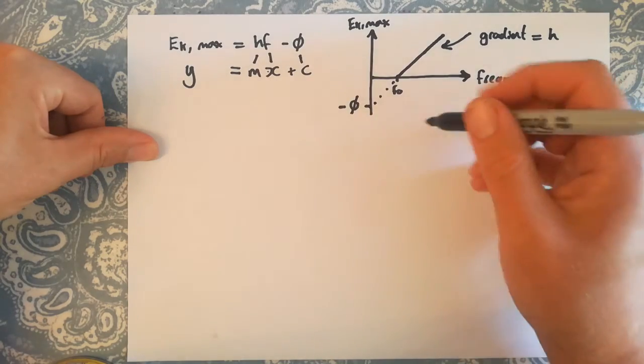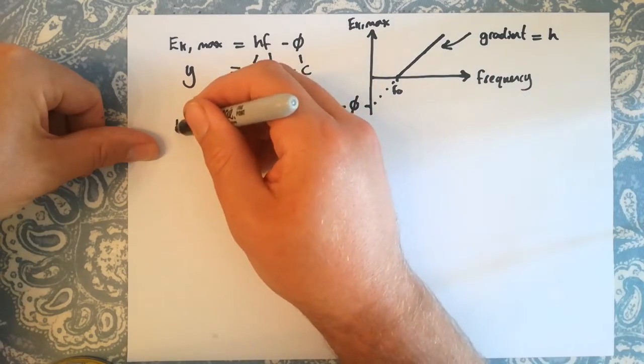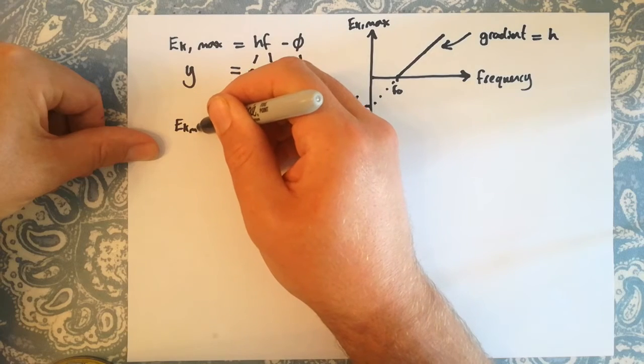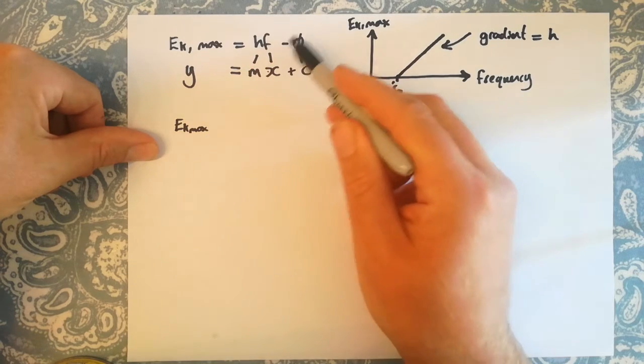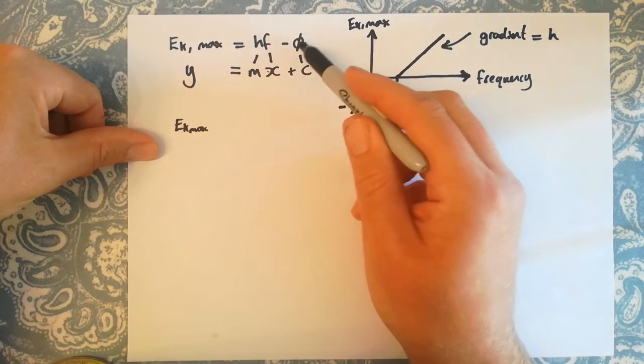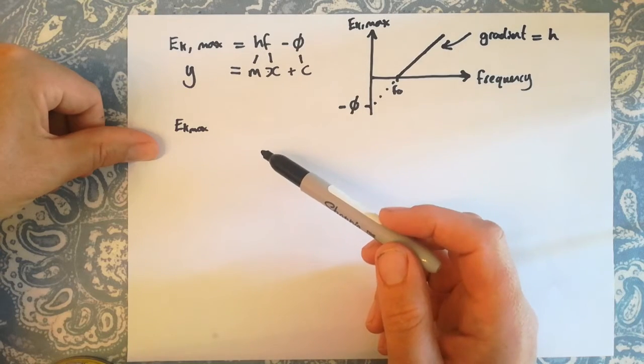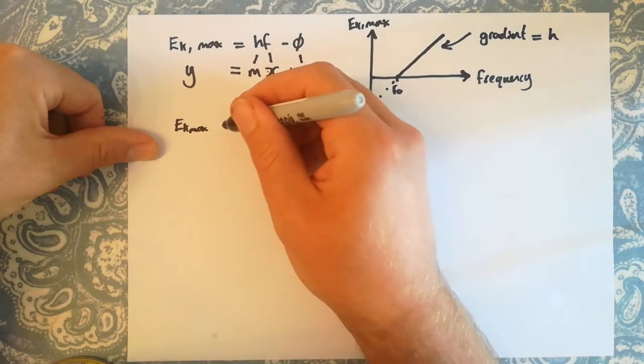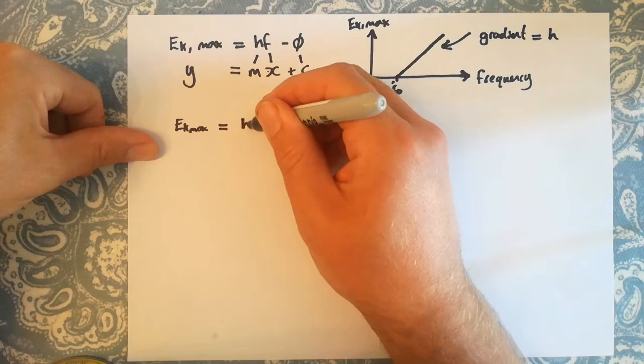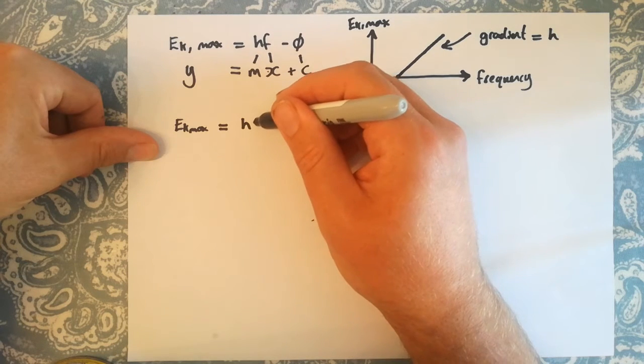We could also rewrite this equation by substituting in h times the threshold frequency for the work function, and then factorizing it.